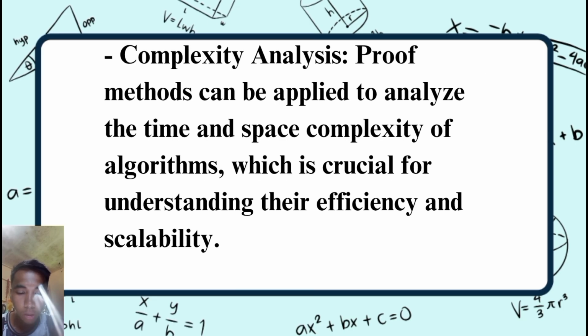Complexity analysis. Proof methods can be applied to analyze the time and space complexity of algorithms, which is crucial for understanding their efficiency and scalability. Formal verification.